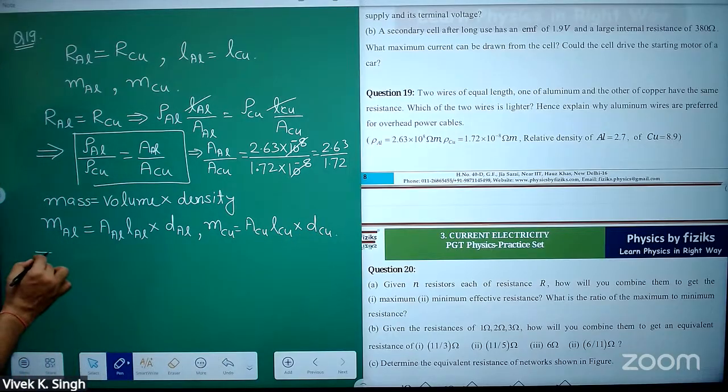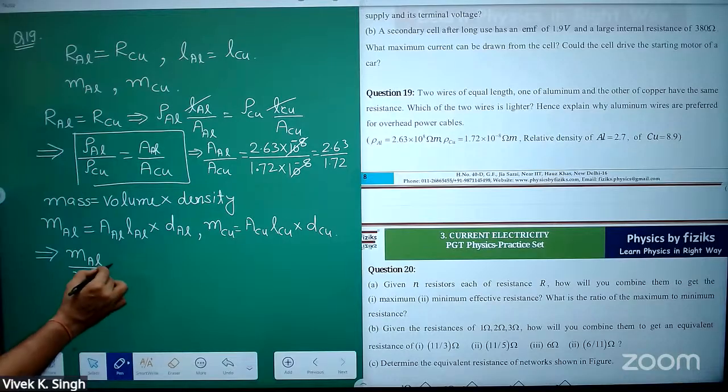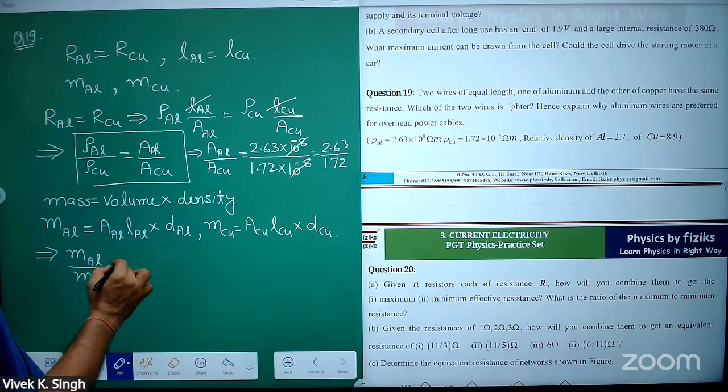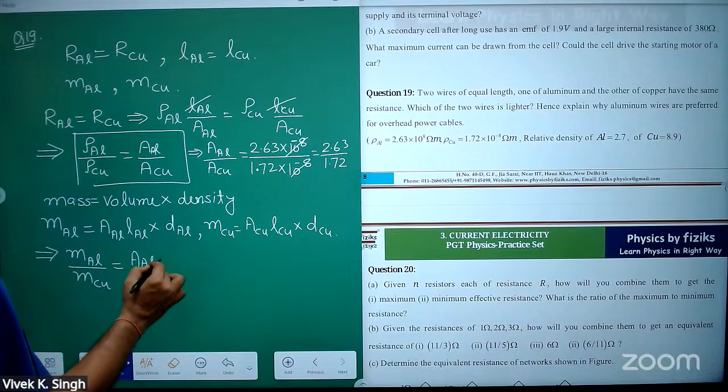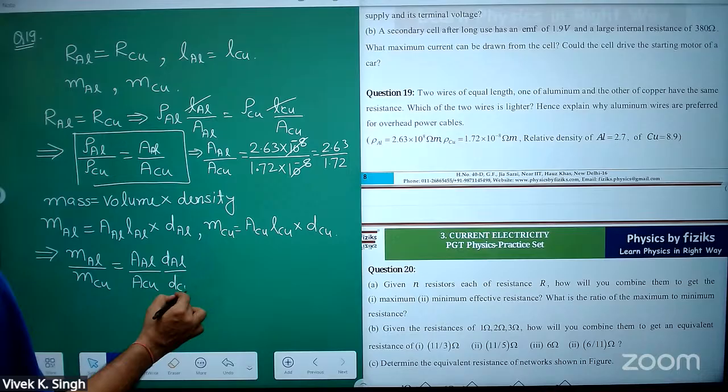So this will give you mass of aluminum over mass of copper. Because L is the same, that will give you A Al into D Al over A copper into D copper.